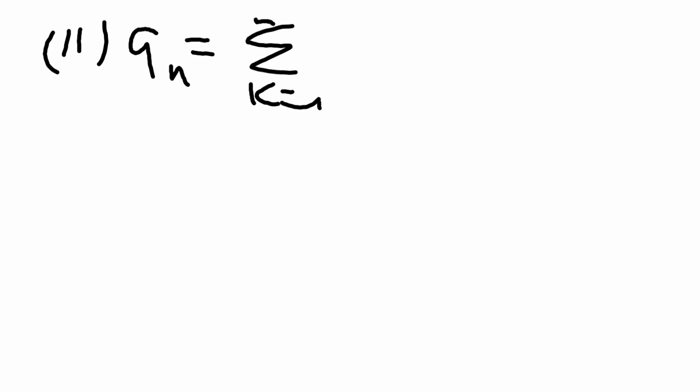Question number 2. We are to compute the limit. Recall that an is nothing but the sum from k equals 1 to n of 1 over n plus k, where n is bigger or equal to 1. This is what we have as our an.